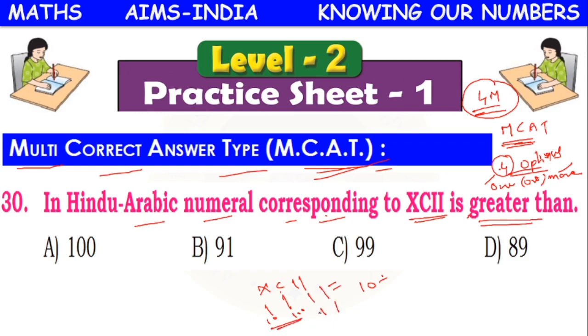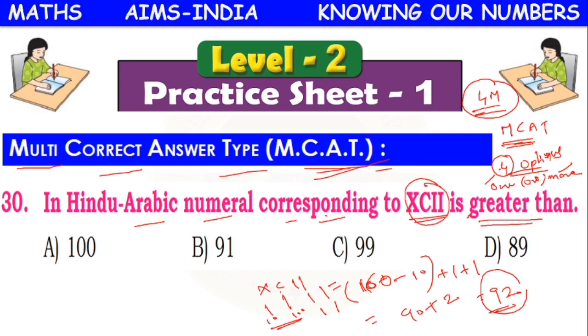But a smaller number is coming at the beginning, so we have to do subtraction. So 100 minus 10 plus 1 plus 1 equals 90 plus 2 equals 92. So the given Roman numeral equals 92.